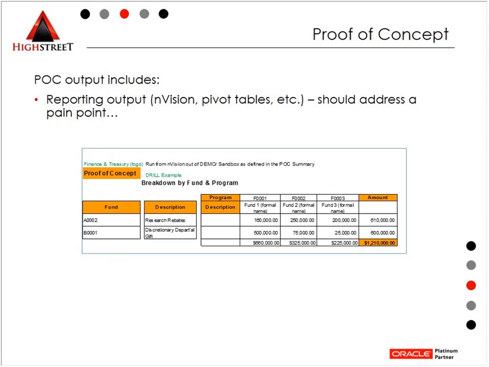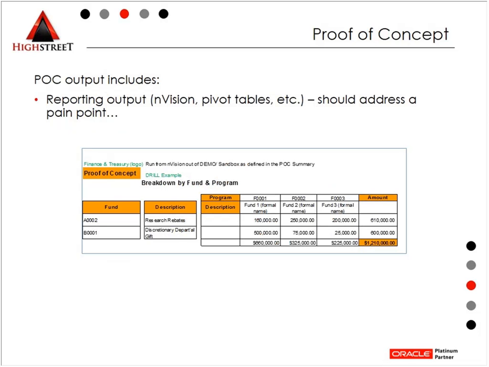And so as far as output goes, for this example, we had a client that actually wanted to create a drill down on some financial data where they could then see the program and fund details broken out. And so they were able to do a drill and then see the breakout of the various types of funds and what the dollars were across the different types of funds.